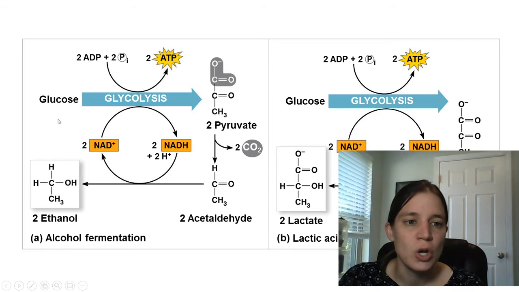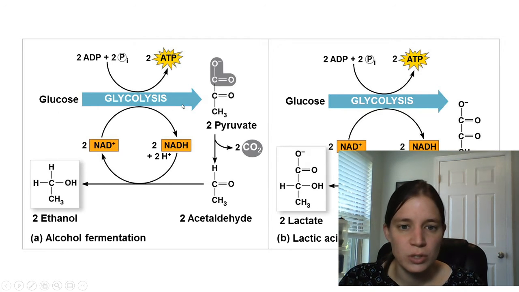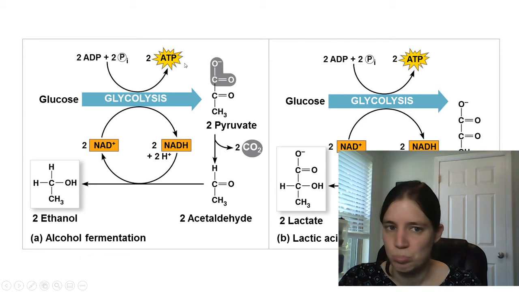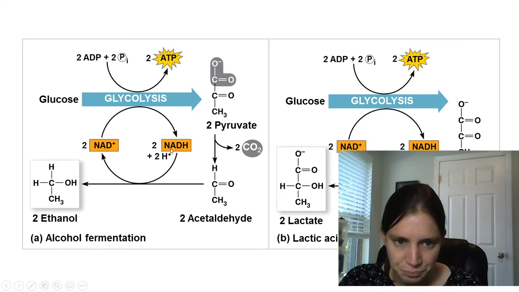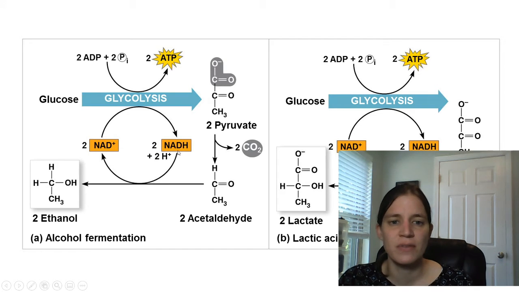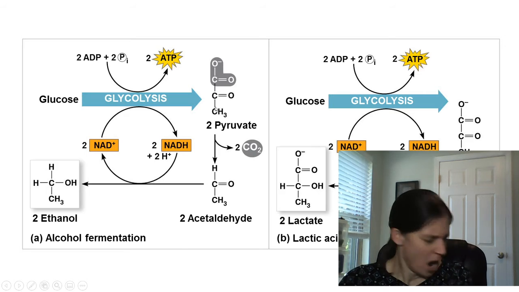Okay, so we went from glucose to 2 pyruvates, which is just the regular glycolysis portion, right? Generated 2 net ATPs, beautiful. We have 2 of these NAD pluses, they pick up electrons, and now they're full, right? This was the glycolysis portion. In order to regenerate NAD plus, we need to get the electrons off of this.